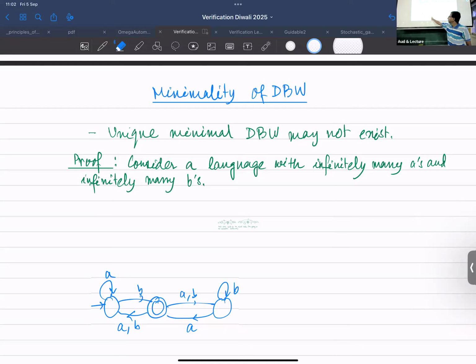Just put A or just B, delete one of them. And in the below transition, which is A B, put a B.